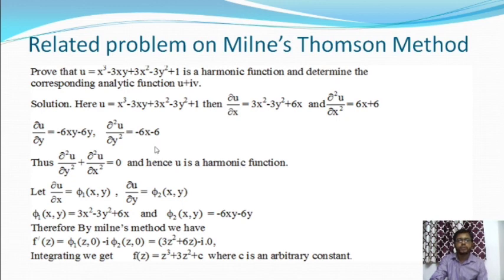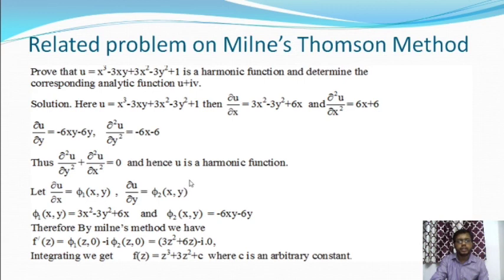So next we are going to find the analytic function without finding v. If we apply the Milne-Thomson method, we can find the analytic function without finding the conjugate of u actually. So if the function is analytic and satisfies the Cauchy-Riemann equation, then from this we have to find the analytic function f of z without finding v.